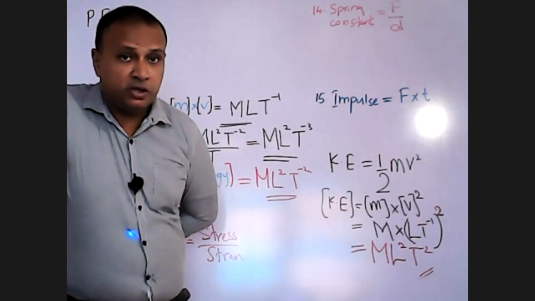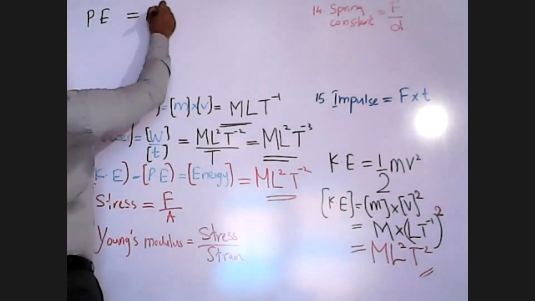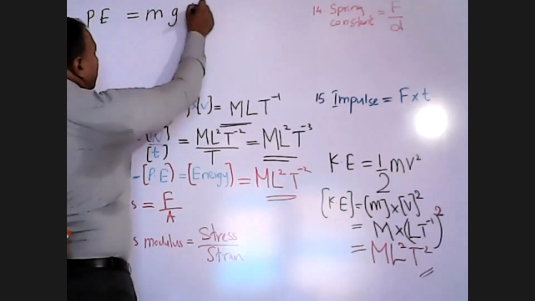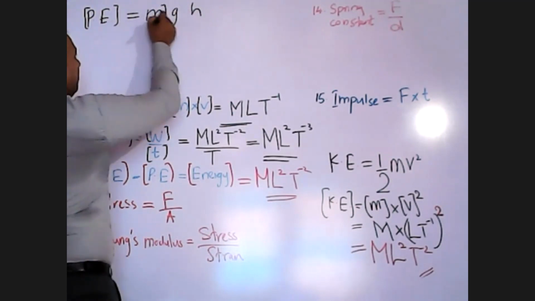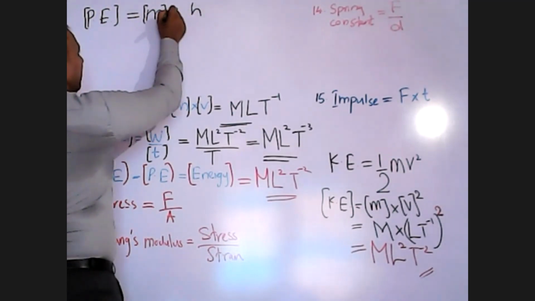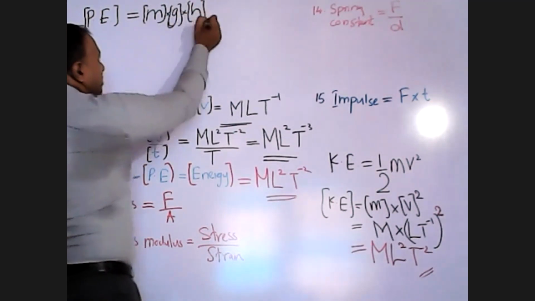What is the equation for potential energy? mgh. Very good. So the dimension of potential energy is equal to the dimension of m into the dimension of g into the dimension of h.